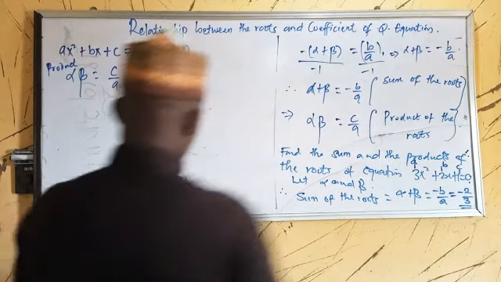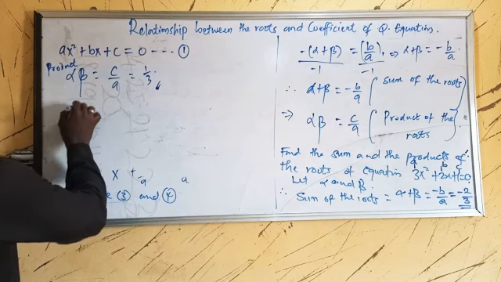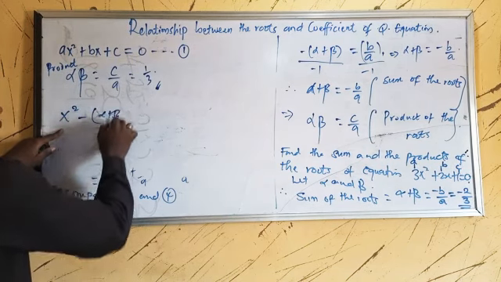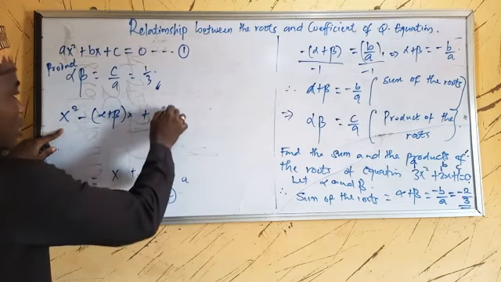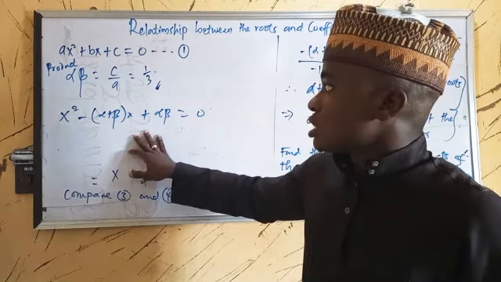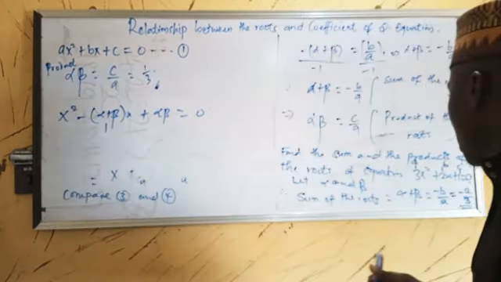Now if you look at the equation we had before, that is x squared minus (alpha plus beta)x plus alpha beta equals 0. Are you getting it now? From this equation, if you put in the values, you can see this is the sum we got here.